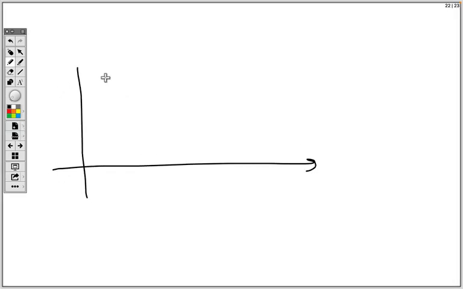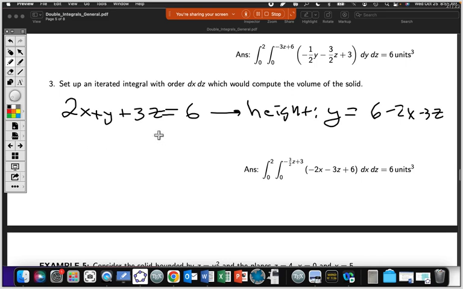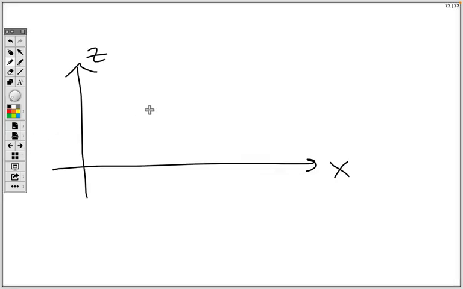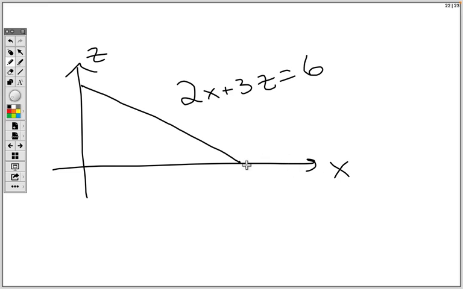So the base is going to be in the xz plane. Looking at the xz trace, 0 out the y, 2x plus 3z is 6. I got an x-intercept of 3, a z-intercept of 2.